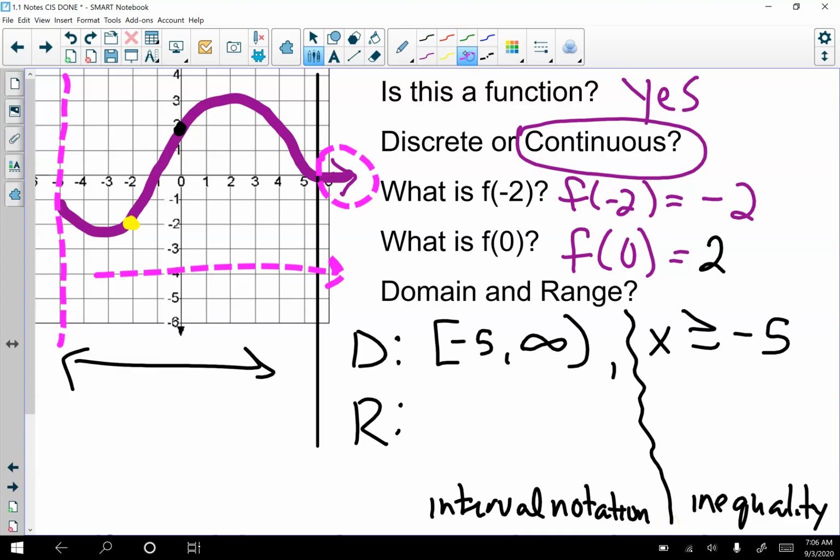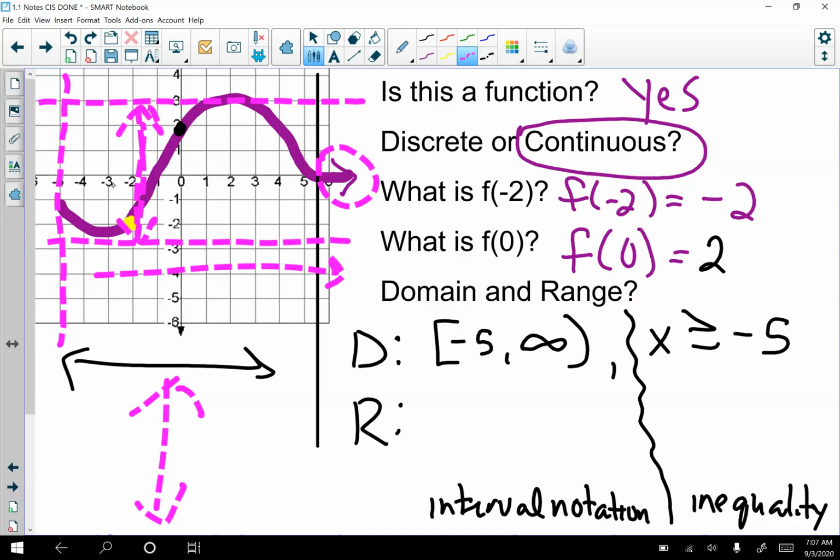Now, if I'm looking at the range up and down, so range is on the y, notice it goes to the 3, and then it goes down to negative 2.5. So this is the range. So when I write that, I'm going to go from negative 2.5 up to 3.